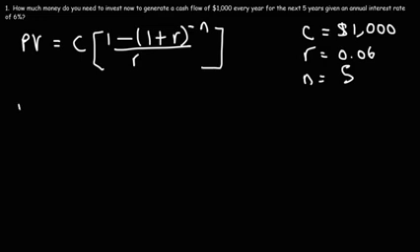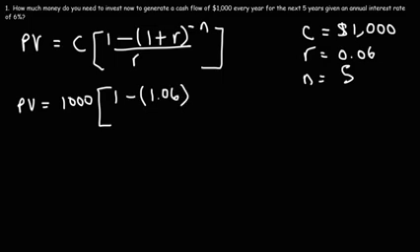So n is 5. Let's replace C with 1,000, and let's replace r with 0.06. So 1 plus 0.06 is 1.06. That's going to be raised to the negative 5. We're going to divide that by 0.06. 1 minus 1.06 raised to the negative 5 is 0.2527418271.